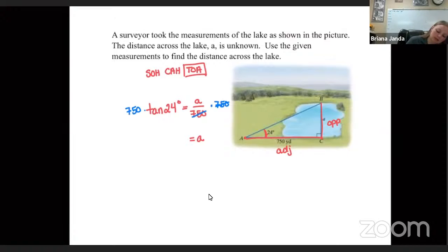And I get 333.9215. They didn't say how to round, so they're typically rounding to the nearest whole number. So we're going to say 334 yards.